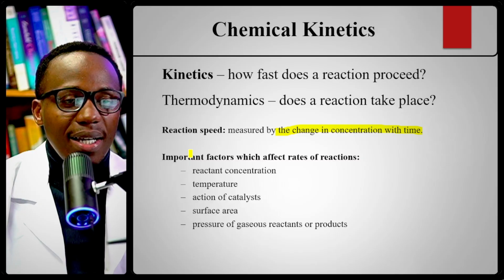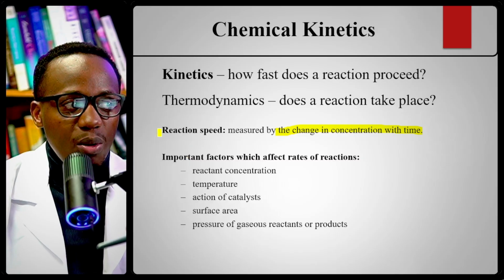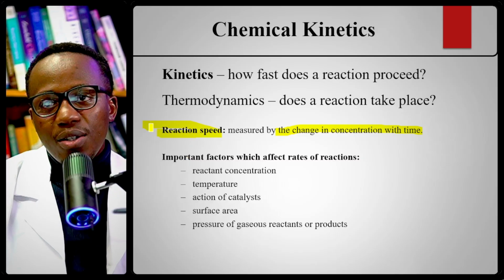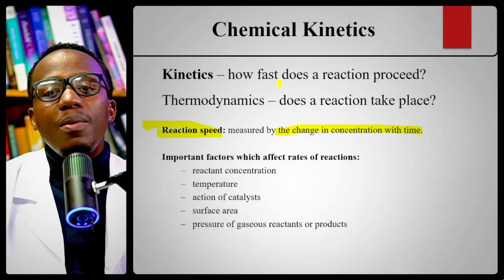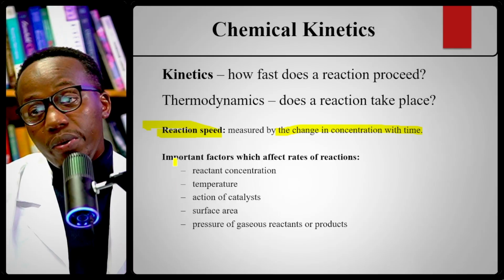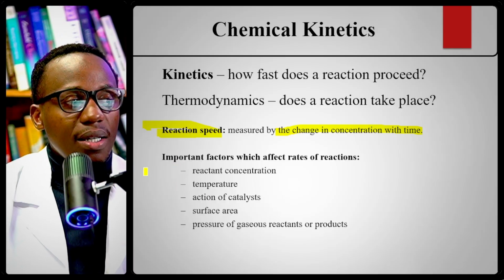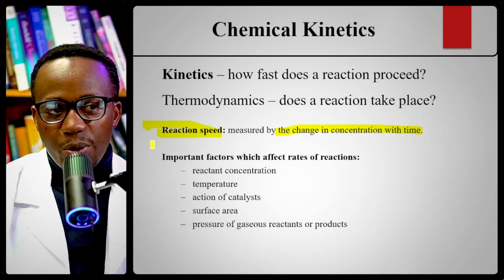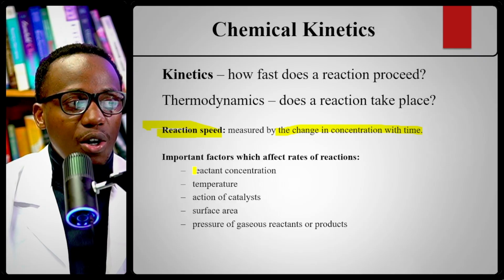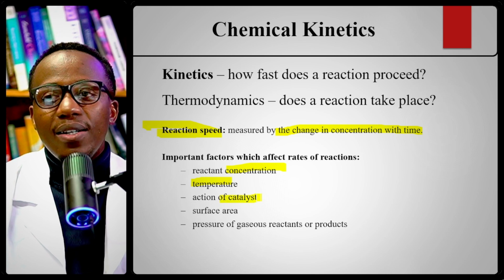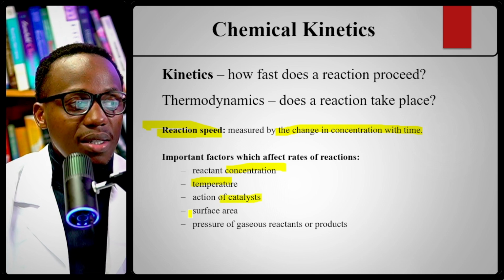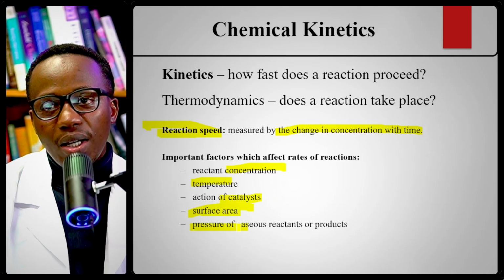All right. So there are things that can affect this rate. What is rate? It's speed. So reaction speed, we call it rate. There are some terms that we will have to remember, and one of them is rate. The rate of the reaction is the speed of the reaction. So concentration, temperature, catalyst, which are things that can speed up reactions, surface area, and then pressure in terms of gas.